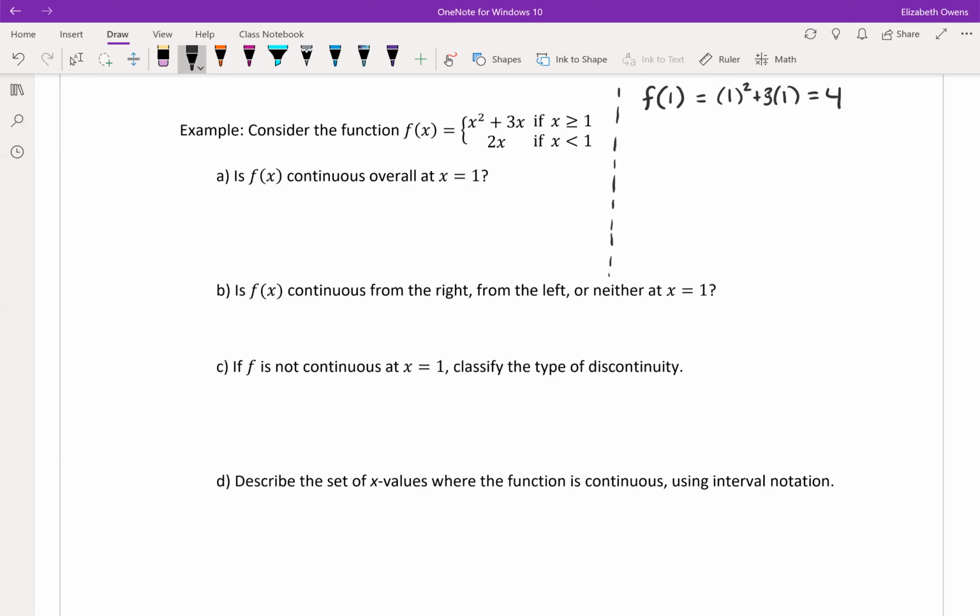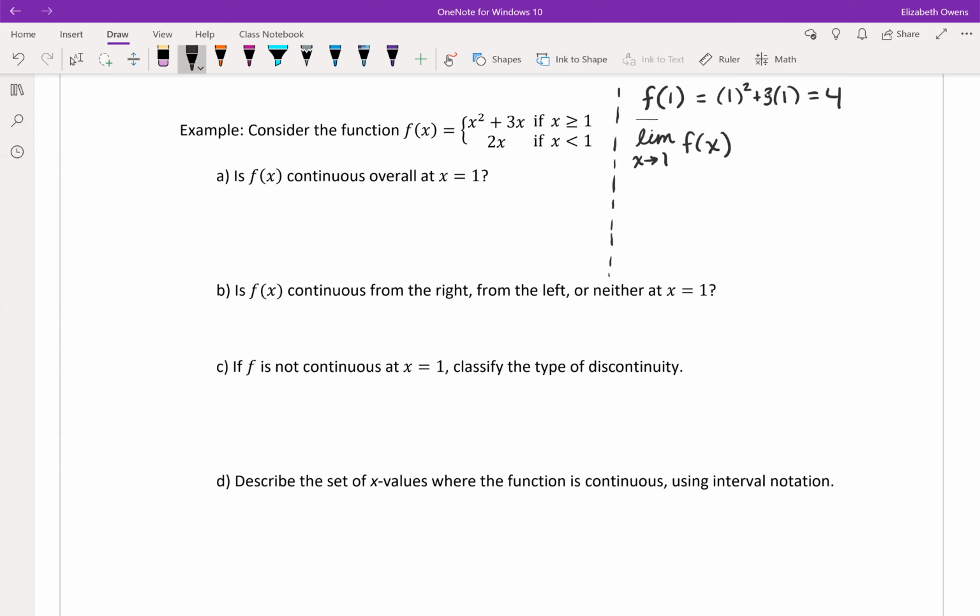Now, we would like to calculate the limit of our function. And we are focusing on that same point, x equals 1 still. So it's the limit as x approaches 1 of f of x. And in looking at that, remember our tricks. First trick for limits, try direct substitution.